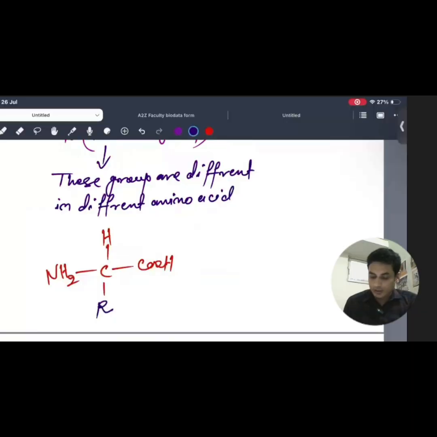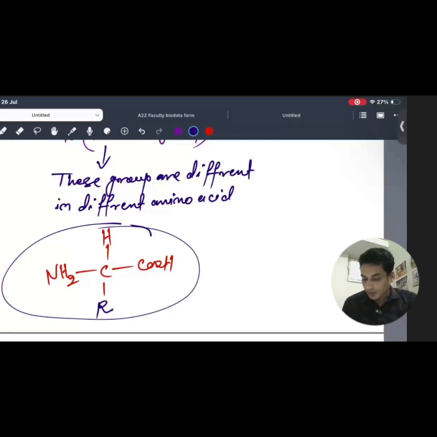Then this is the structure of amino acid. This molecule is an amino acid molecule. The central carbon is known as the alpha carbon. Why?